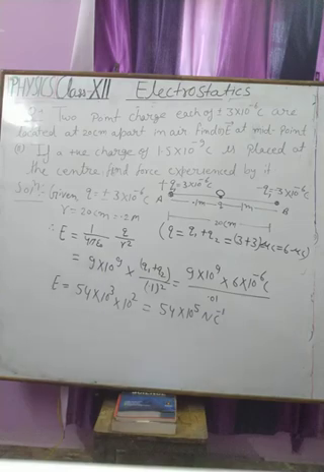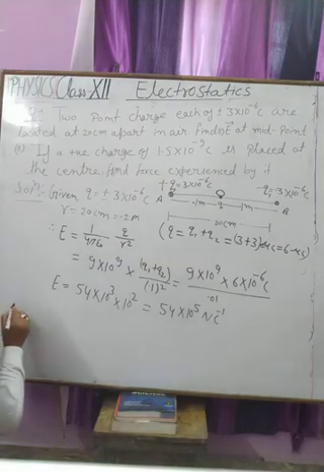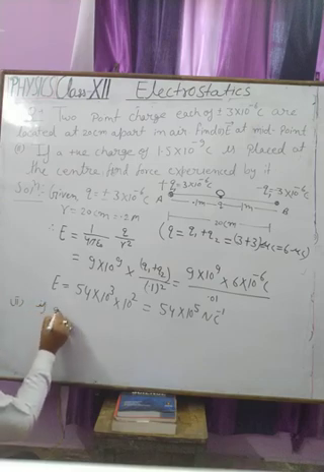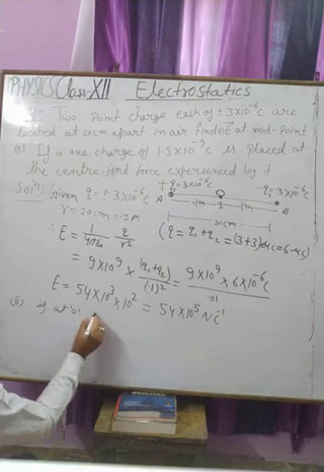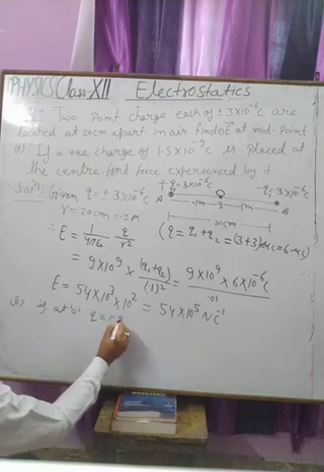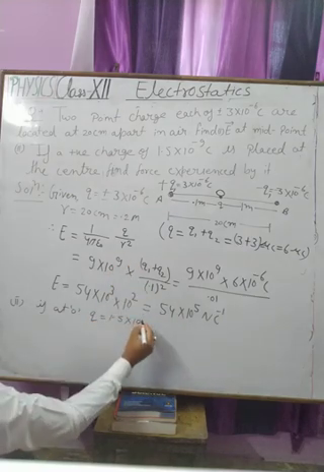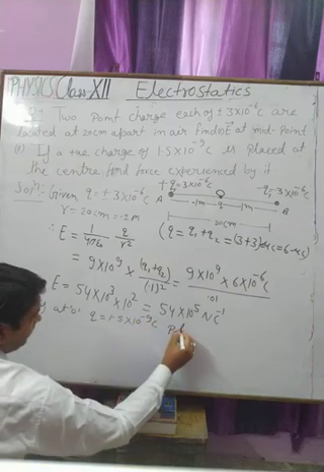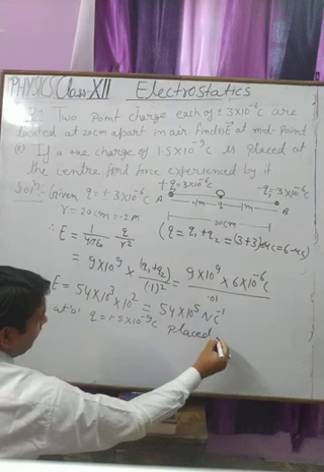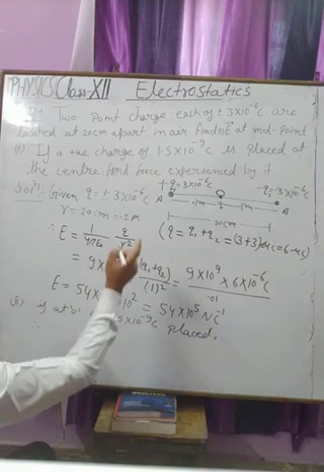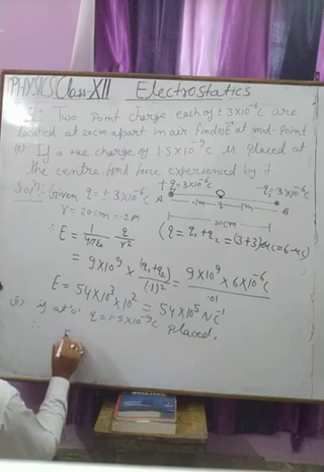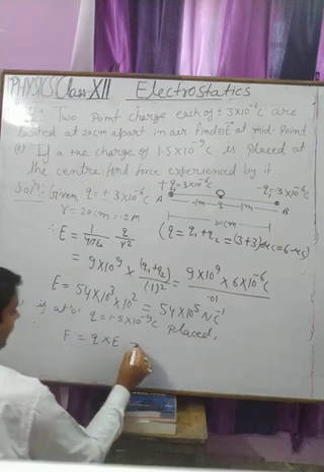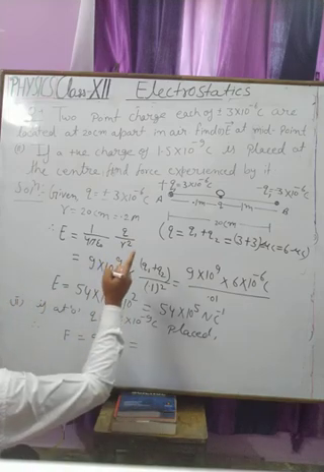And the second problem is, if at O a charge Q equal to 1.5 into 10 to the power minus 9 coulomb is placed, then the force experienced by it is Q into E. Here E is calculated and Q is a positive charge.